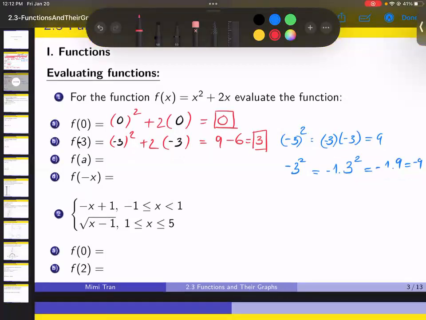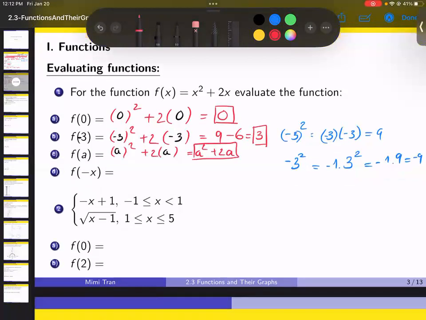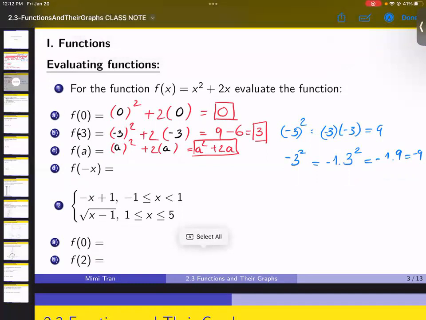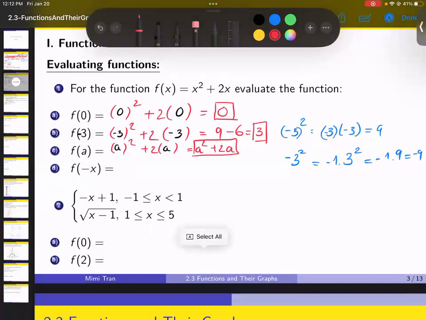f of a, same thing, right? So instead of f of x, it's going to be a squared plus 2a. Anybody have f of negative x yet? Oh, no. Are you talking about D?